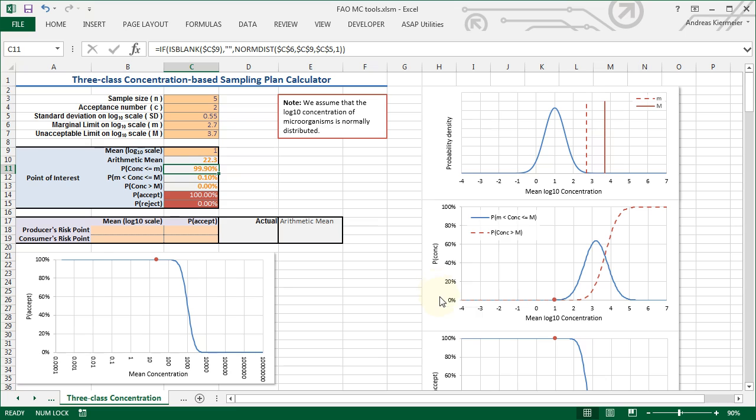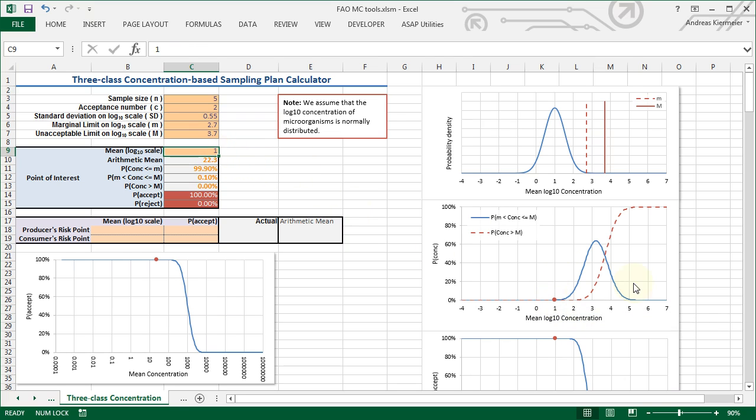The second graph here shows the proportion of marginal analytical units, this blue curve, and the proportion of unacceptable units with this red curve for a range of mean log 10 concentrations. And the one that we've entered in our point of interest of 1 is shown here as a dot.